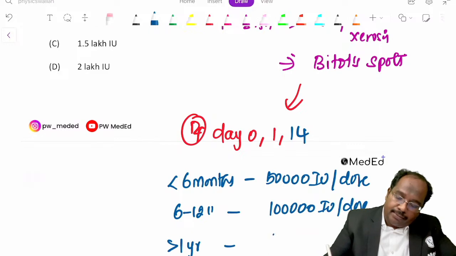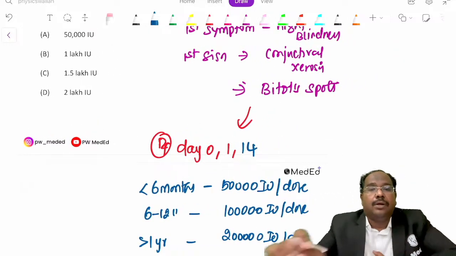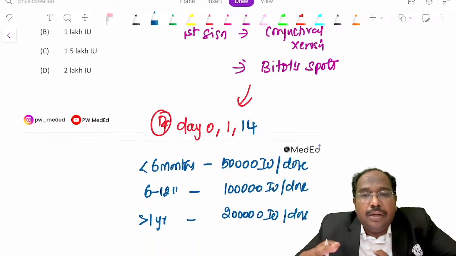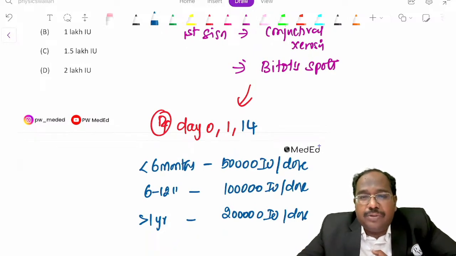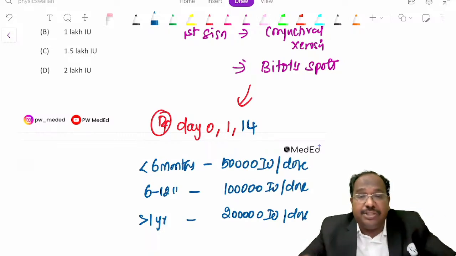More than 1 year, 2 lakh international units per dose. So 3 doses, on 0, 1 and 14. But look at the question actually.